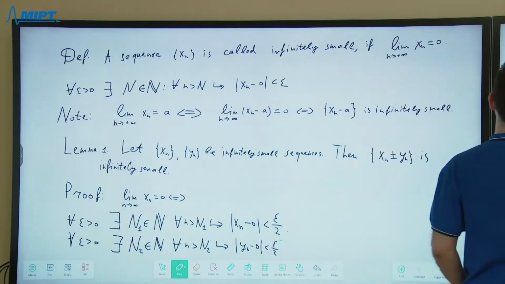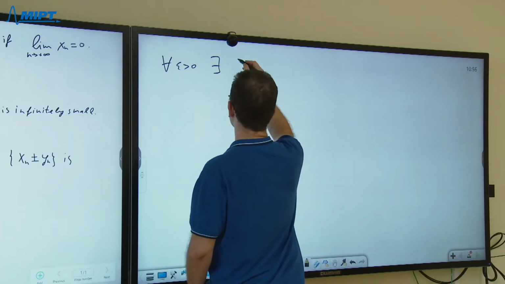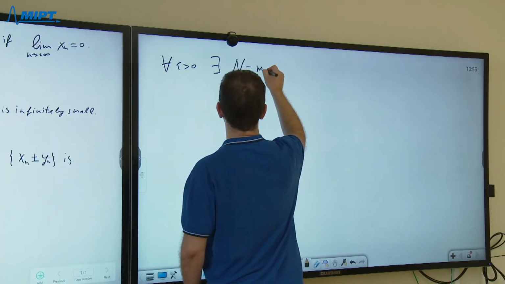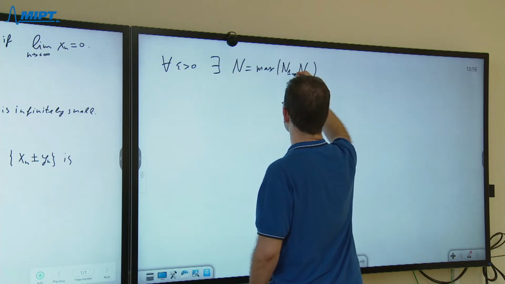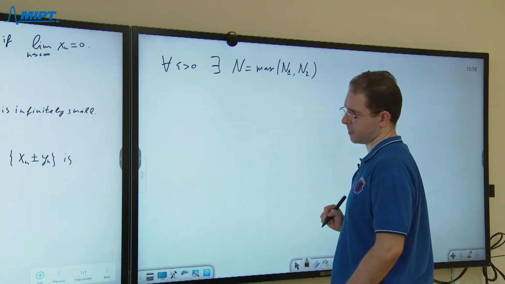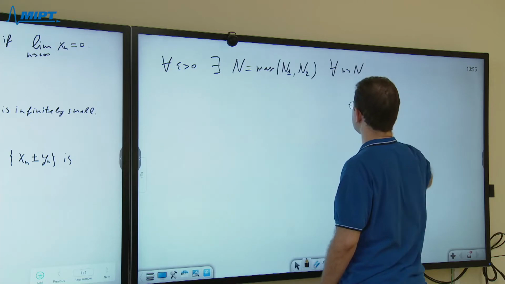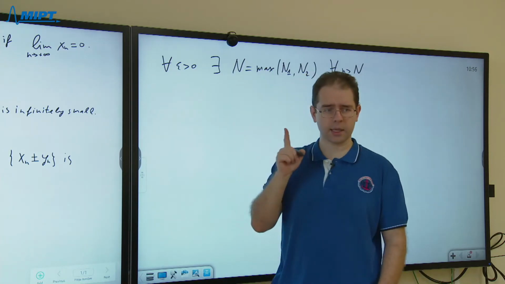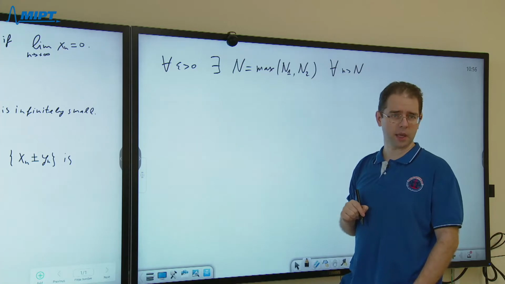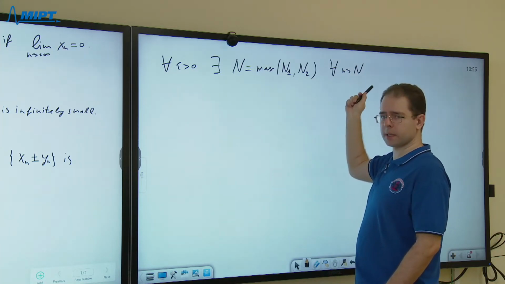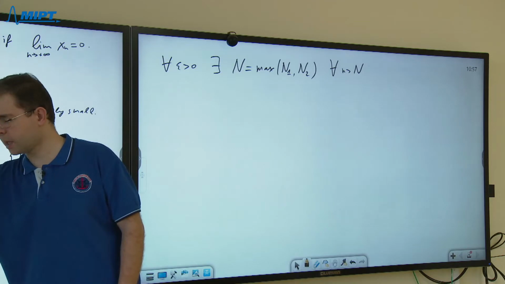This means that for any epsilon there exists a number capital N that I will take as the maximum of N1 and N2, such that for any small n greater than capital N, look, since capital N is the maximum of those two numbers, from small n being greater than capital N, it would follow that both those statements hold.